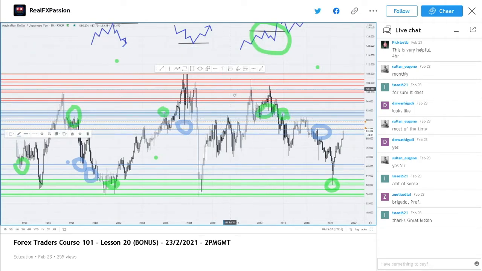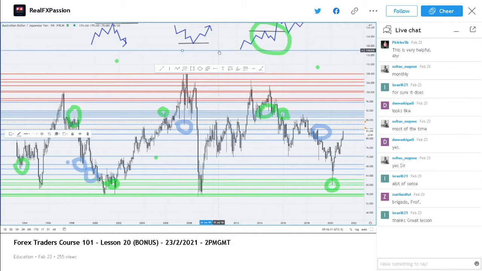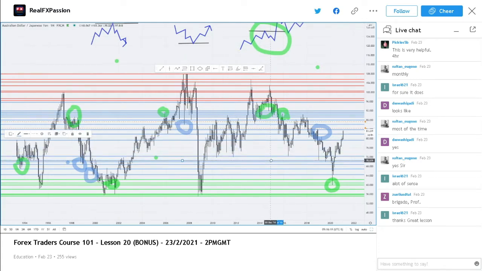Click horizontal line. Let's speed up a little bit. Horizontal line, low, speed up, you know, lows in here. And one more, you know, this is a low in here, pivot point. This is a low in here, pivot point.